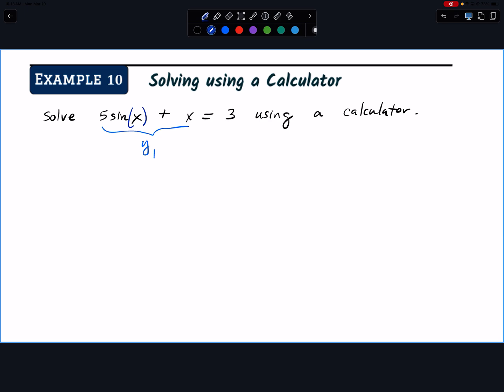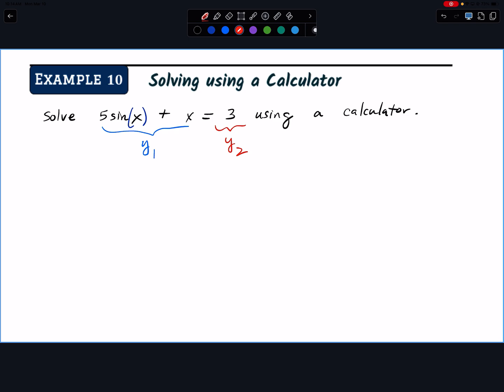Do you need a calculator? It's already in radian mode for you. And then it's equal to this, so this is going to be my y2.